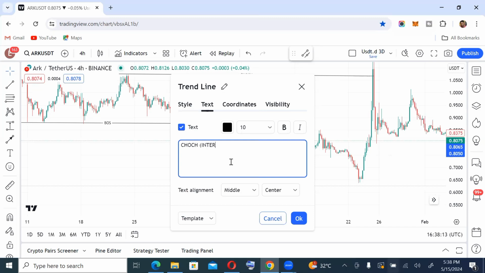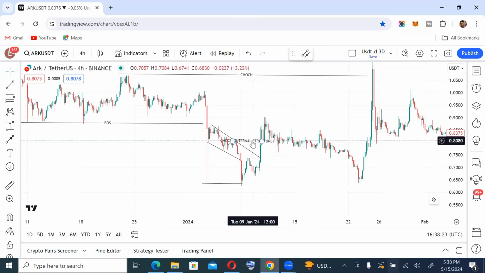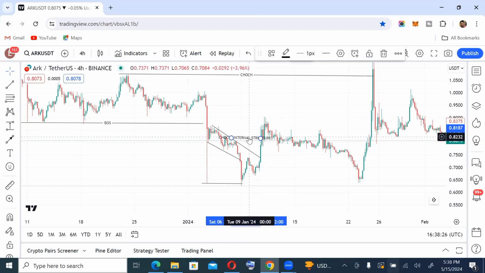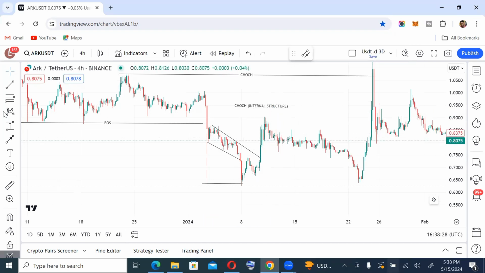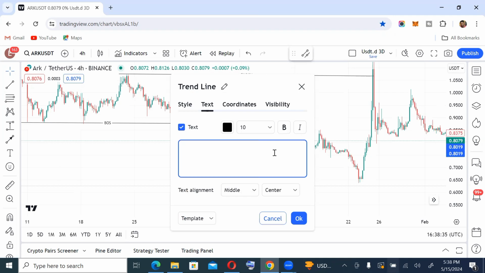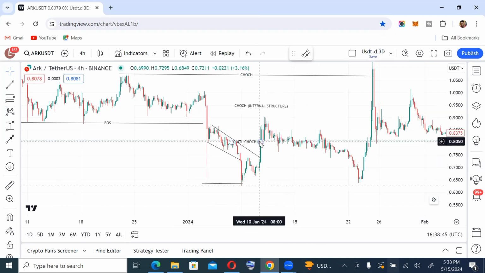Internal structure. So we've created a change of character here. Internal choch.